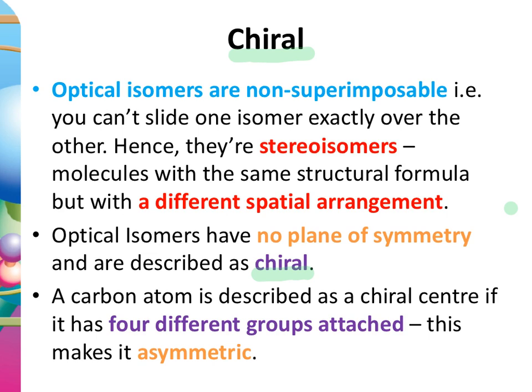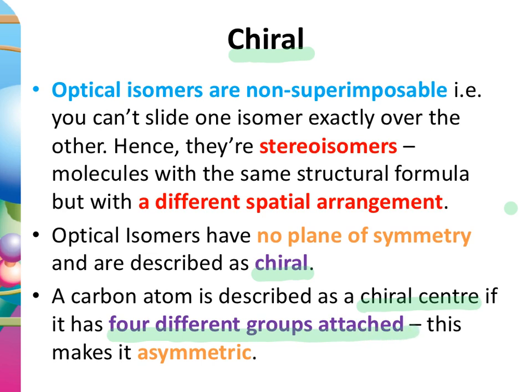It's referring to optical isomerism. And what we can try to identify in a molecule is something called a chiral center, i.e. if we find one of these, we will know for a fact that our molecule will exhibit optical isomerism. And the way we spot whether something has a chiral center or not is that we are looking for 4 different groups attached to it.